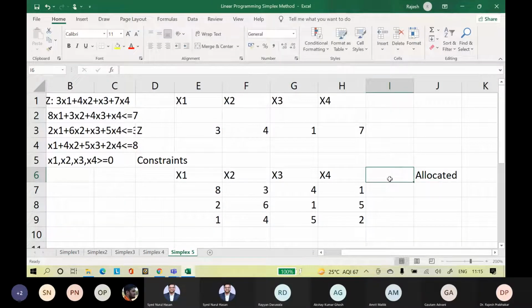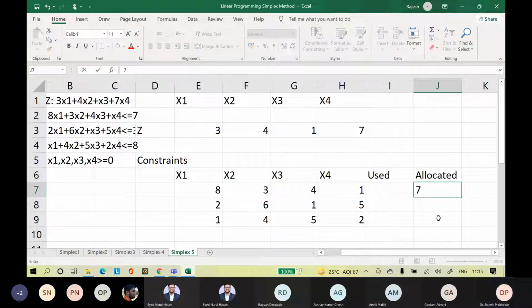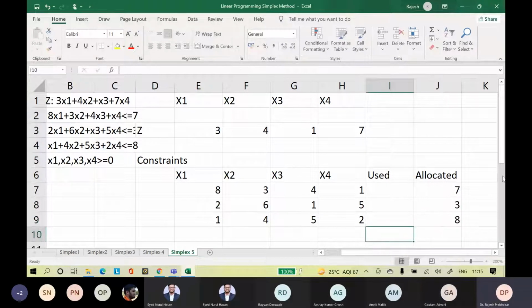Allocated and closed. So allocated is 738, right? Yes, sir. Okay.